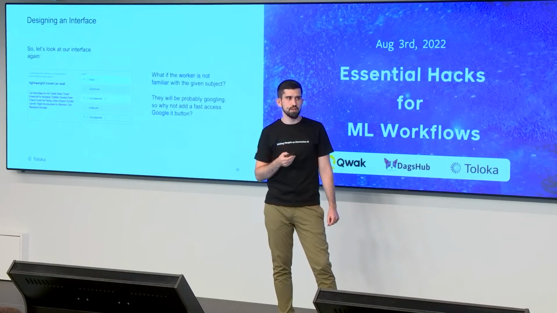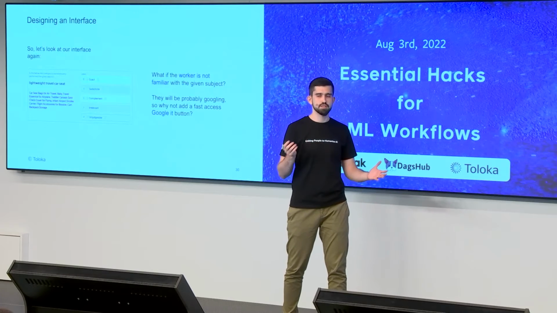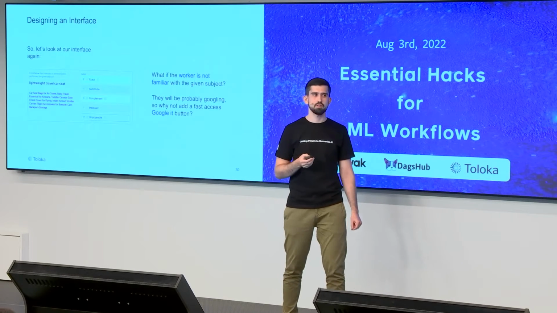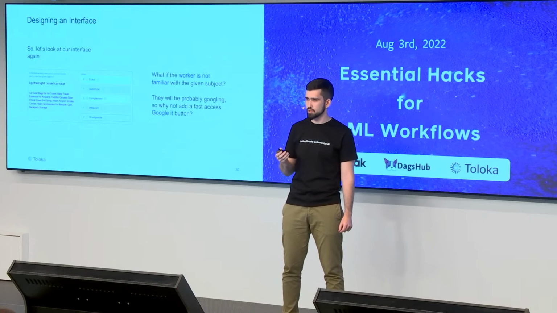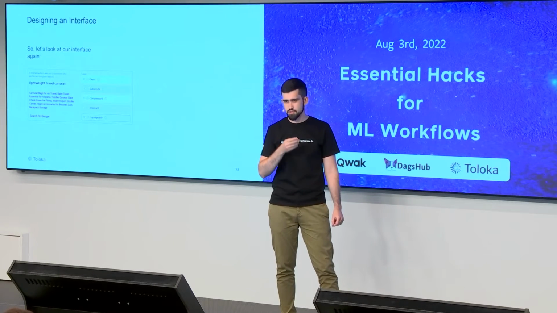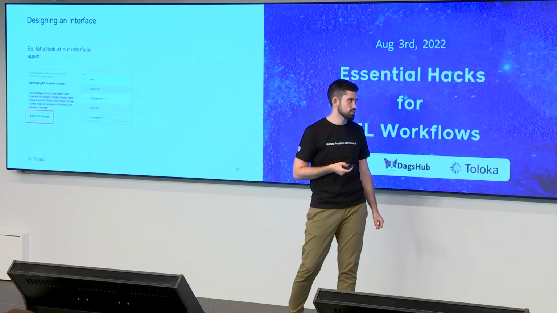So let's look at it again. So imagine that you will display some product which the user is not familiar with. So possibly he or she will just go and Google it. So why we should not add just a search in Google button here just to save their time? And here it is, like it is possible.